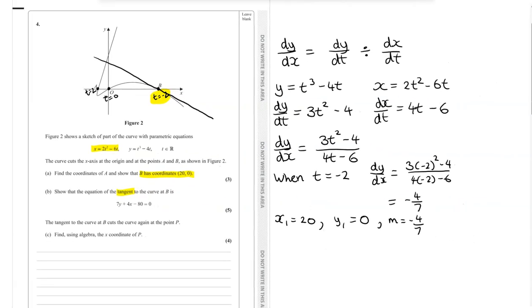So now we can just plug it into y minus y1, so that's just going to be y, equals your gradient of minus 4 over 7, times x minus x1, so x minus 20. Then you can just times both sides by 7, multiply out the bracket, and then just rearrange it to get the required form.